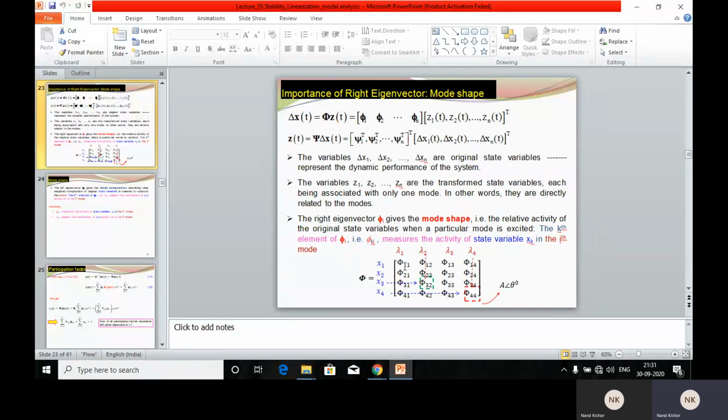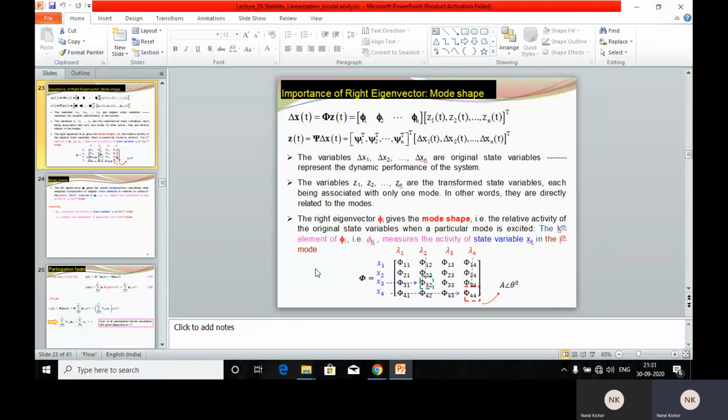So if I say this element of the eigenvector matrix, it will depend upon what is the unit of this state. Similarly, for this case, what is the unit of this state here? And thus the scaling associated with these state variables.